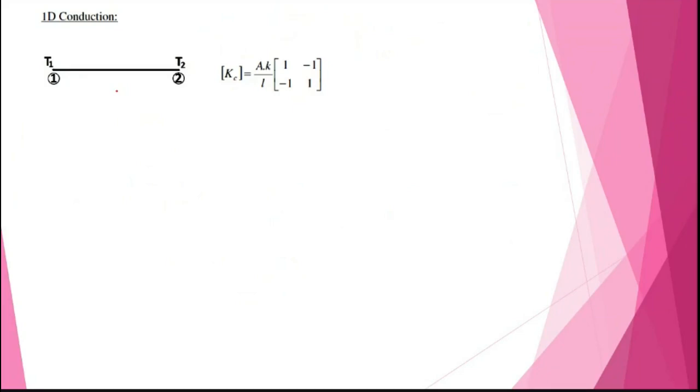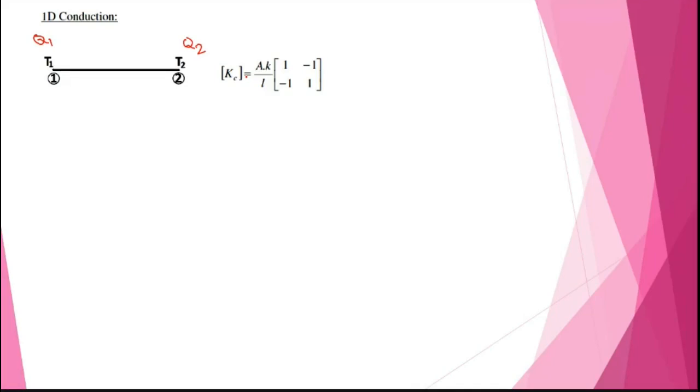In a 1D structure problem, the input is force and the output is deflection. Here your input is heat Q1 and Q2, and your output is temperature, T1 and T2. So this is pure conduction. It is Kc. Whenever you have suffix C, it indicates a matrix related to conduction.